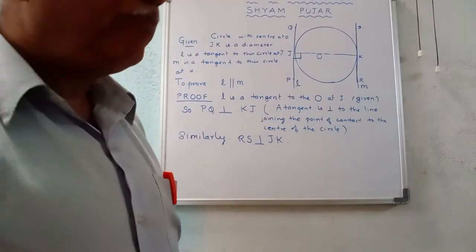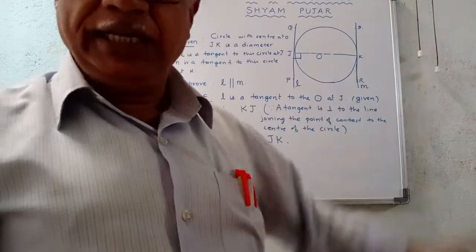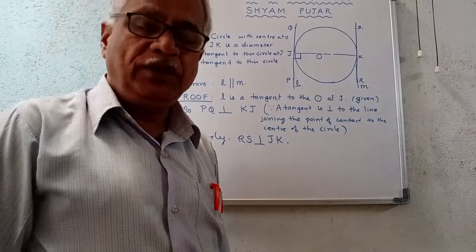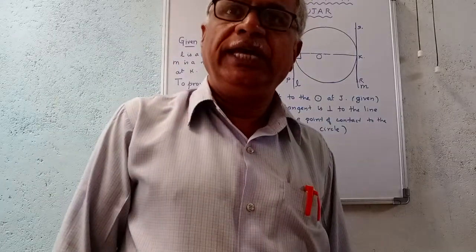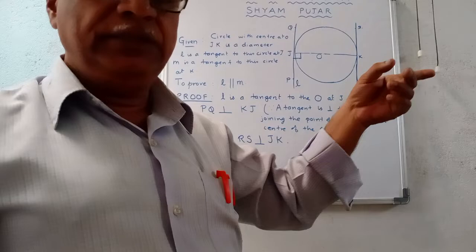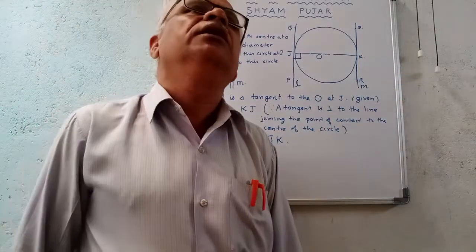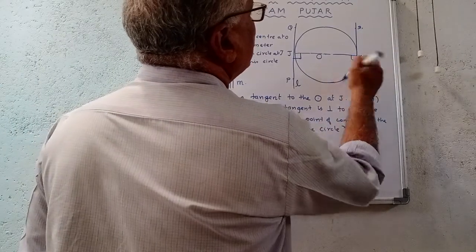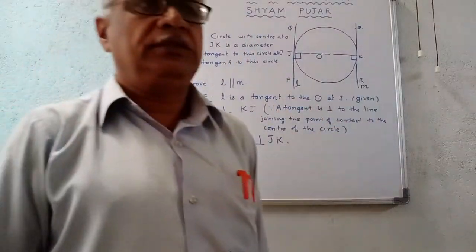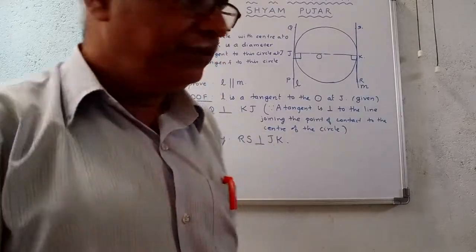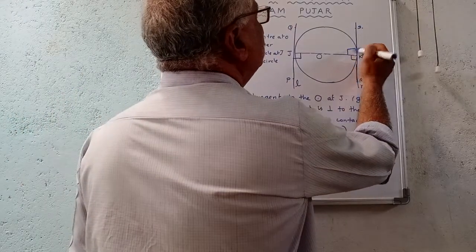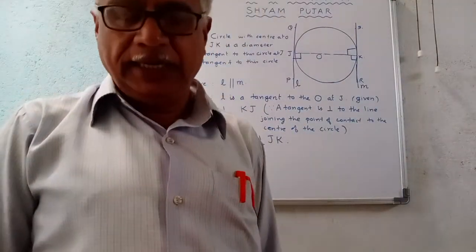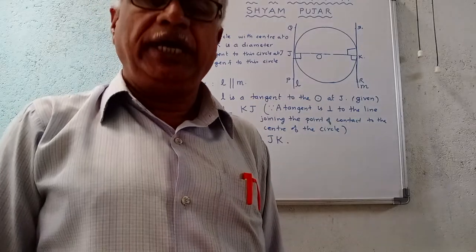There is a small theorem which we studied earlier in previous grades, so we will quote that. Property of parallel lines: in that topic, which we learnt in earlier grades, maybe not in 10th, if these two interior angles are supplementary, or if these opposite interior angles are equal, then the two lines are parallel.